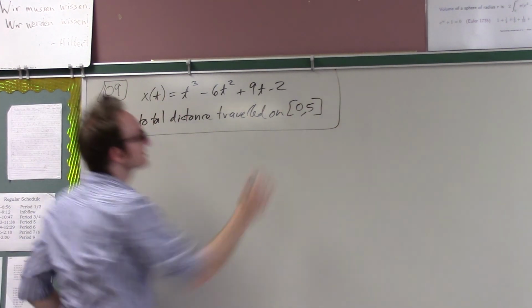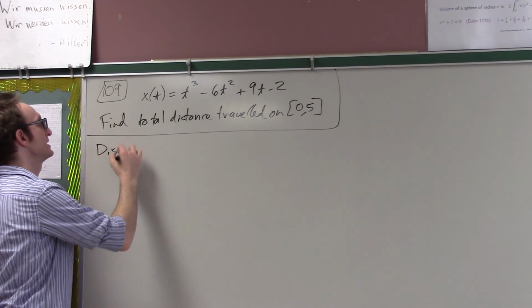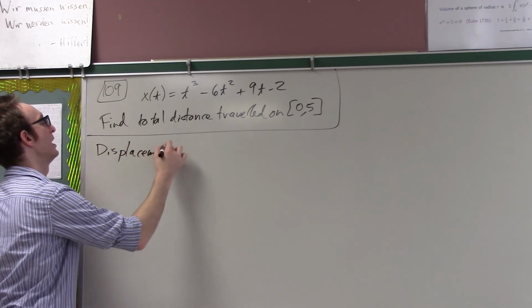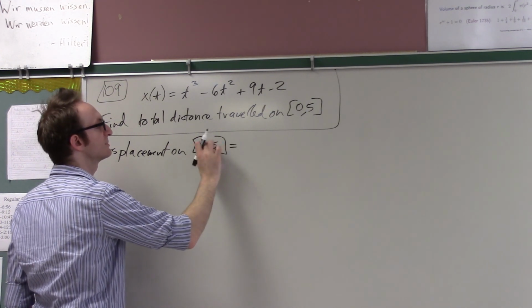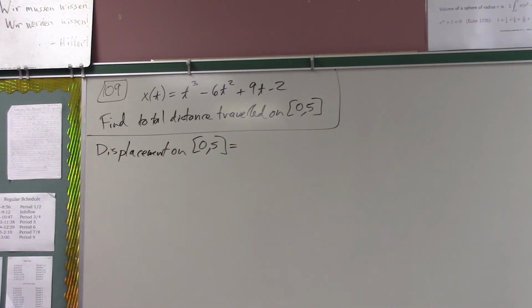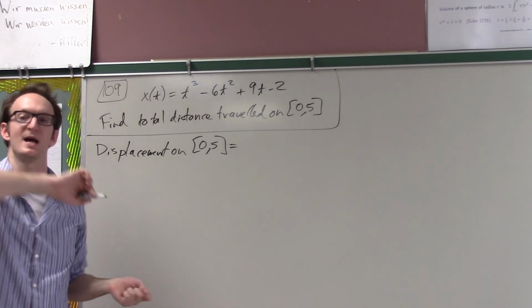Okay. First of all, what is the displacement on the interval 0, 5? By the way, if you're not super comfortable with that word, the displacement is just the change in position. This is a synonym. So here we have our old friend, a particle moving along a line.